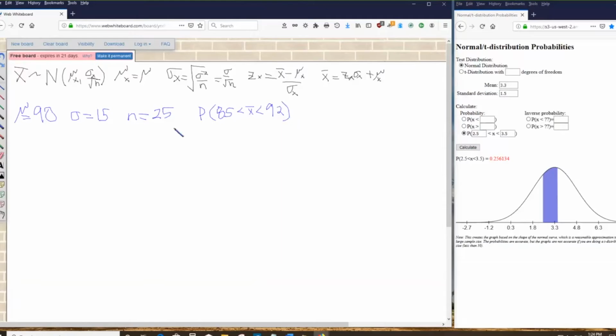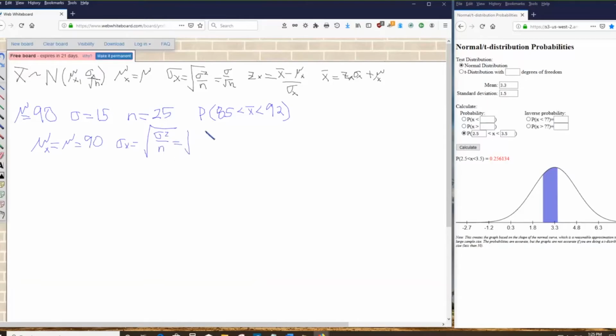So the first thing I need to do is plug in these formulas. My mean of X is going to be the same as the mean, so that's going to be 90. My standard deviation is going to be the square root of my standard deviation squared divided by n.